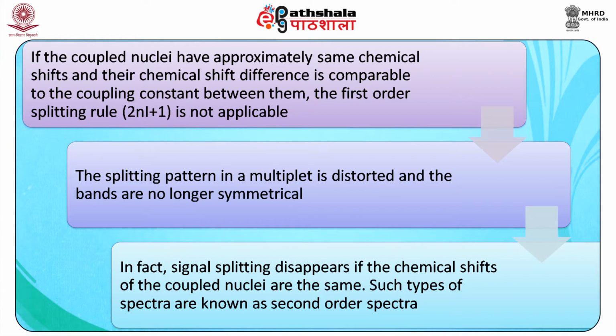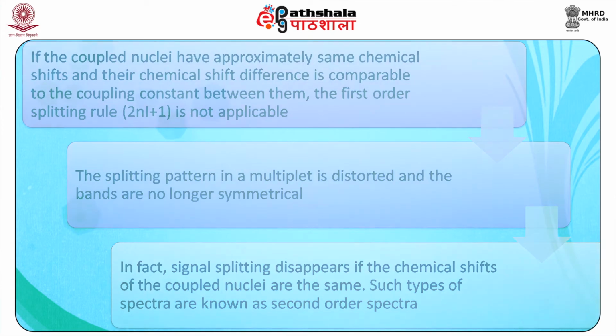The splitting pattern in a multiplet is distorted and the bands are no longer symmetrical. In fact, signal splitting disappears if the chemical shifts of the coupled nuclei are the same. Such types of spectra are known as second order spectra.